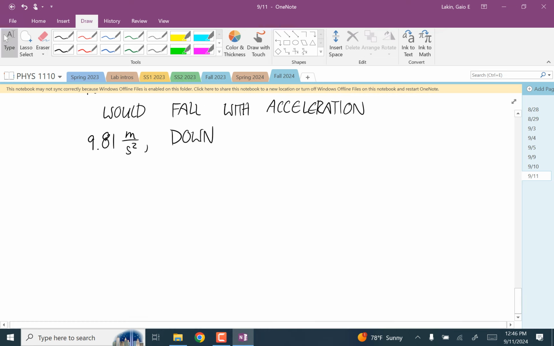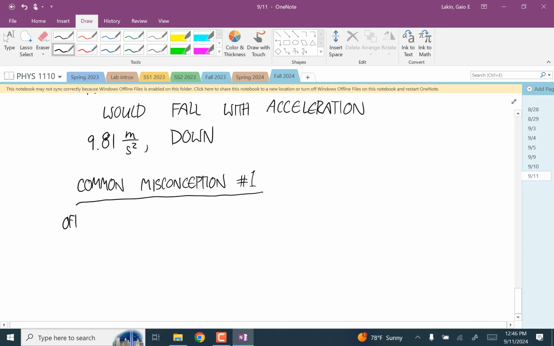Okay, so the first one is common misconception number 1. It's often believed that gravity makes heavier things fall faster.